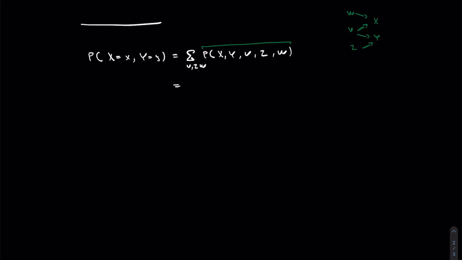So here we can see that X depends on W and V, Y depends on Z and V, and then we have the marginals of W, V, and Z. Okay, so it looks much uglier.